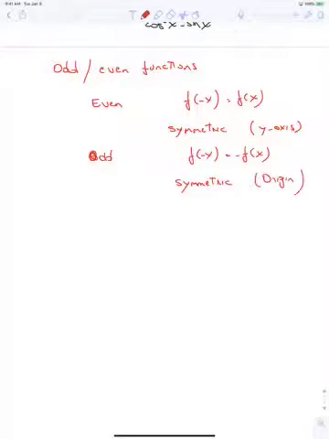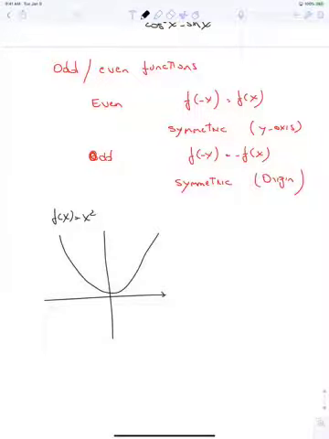So, quick example, if you take f of x equal x squared, this is even. Well, x squared plus c, I guess. Because the value of the function in minus x is equal to the value of the function in x.